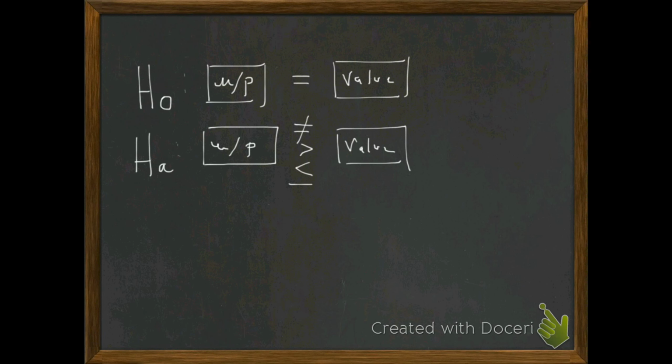Now guys, taking this to the next screen, if our alternative hypothesis is not equal to, for reasons that we'll teach you later on, we refer to this as a two-tail test.